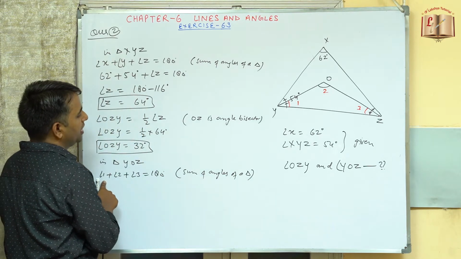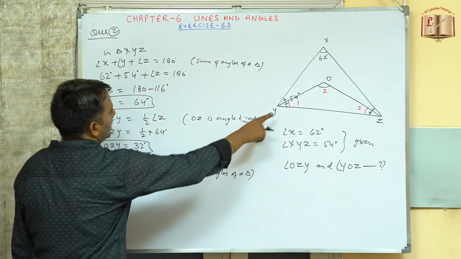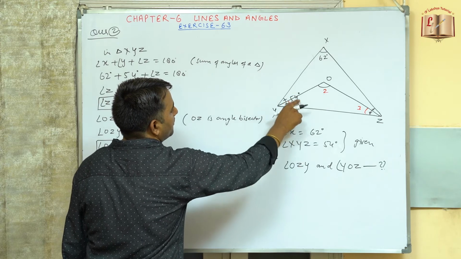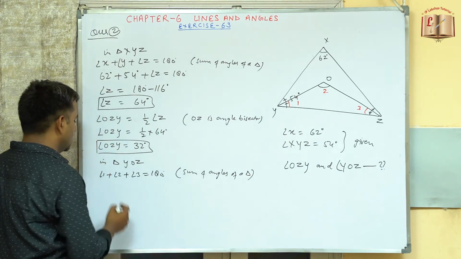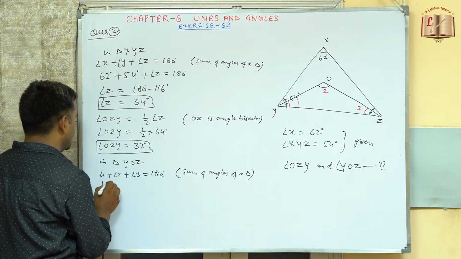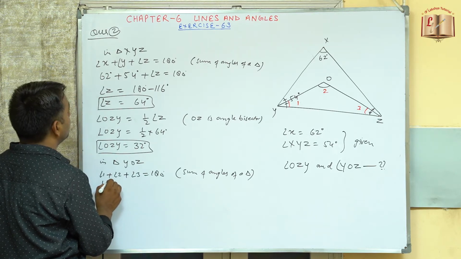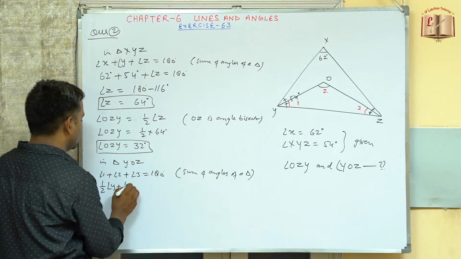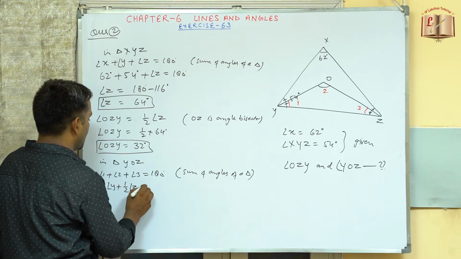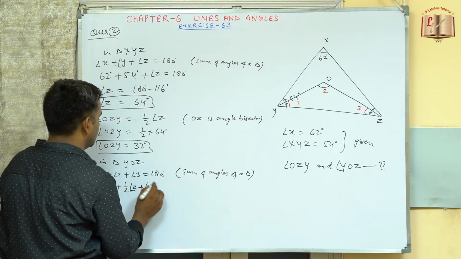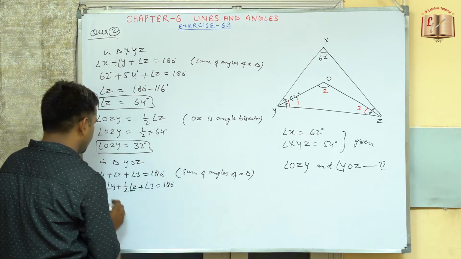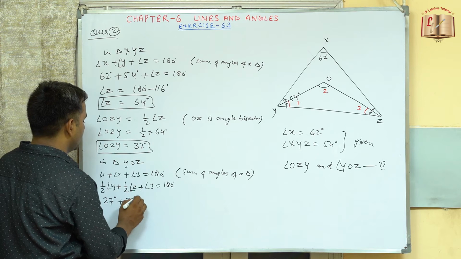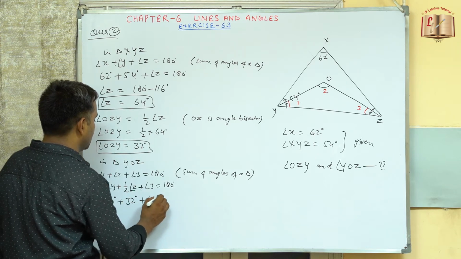So angle 1 is already known to us. Angle 1 is half of this angle, the complete angle is 54 degrees, so angle 1 is 27 degrees. So I can write angle 1 is half of angle Y, plus angle 2 is half of angle Z, plus angle 3, so this will be equal to 180 degrees. Half of Y is 27 degrees plus half of Z is 32 degrees plus angle 3.